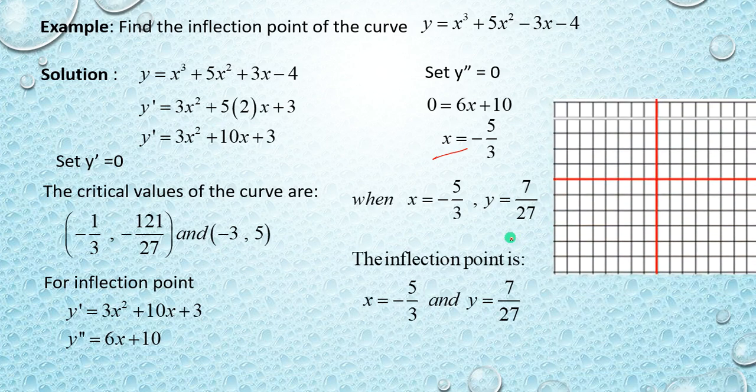So we need to use this in a curve. First, the critical point is 1/3. So somewhere here, if we use this as 1, this is 2. Need to change the range. So if x is negative 1/3, we assume here, and 121 over 27, that is about 4.5.